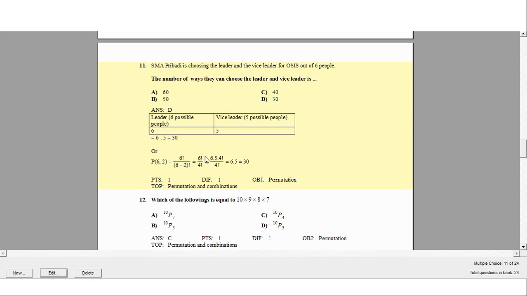So 6 factorial over 4 factorial. If you expand until 4 factorial, it's 6 times 5 times 4 factorial, and then you divide by the 4 factorial, so you can cancel it. So only 6 times 5 equals 30 remains. So this is the answer for number 11.